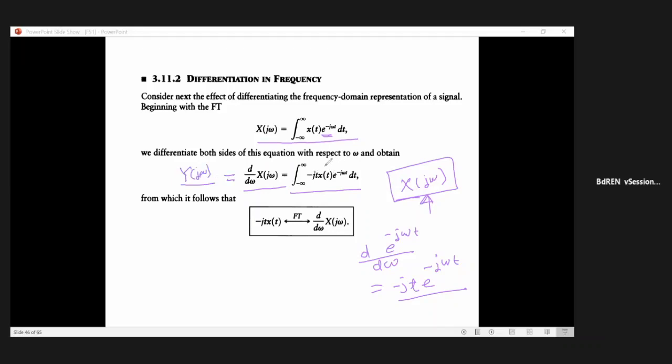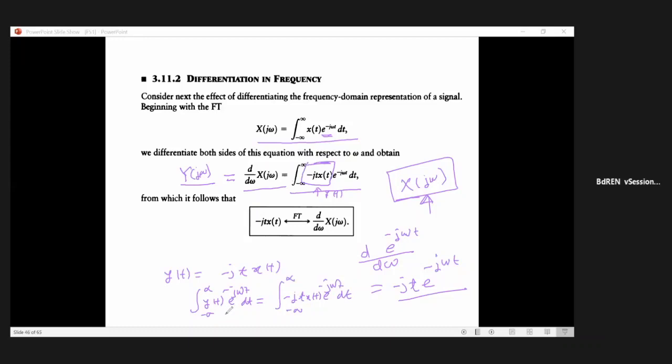If we want to verify, group the term that contains t, then you can consider this as y(t). So we will find y(t), a signal that is the complex multiplication of t with x(t). And if we take the Fourier transform of y(t), the integral from minus infinity to infinity of y(t) e to the power minus j omega t dt, that is equal to the integral of minus jt x(t) e to the power minus j omega t dt from minus infinity to infinity.